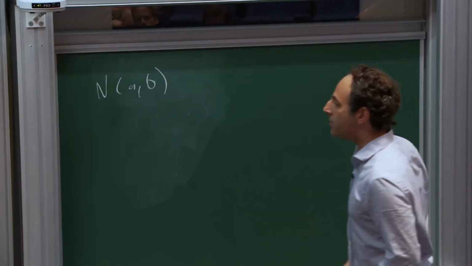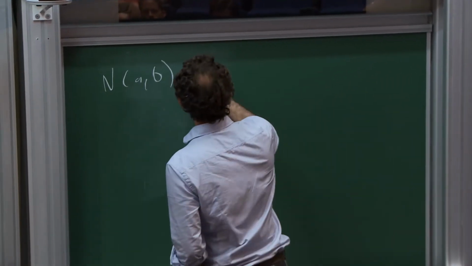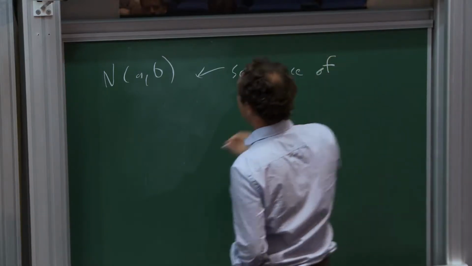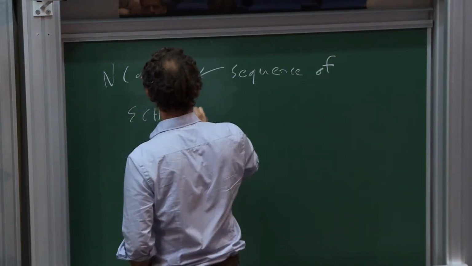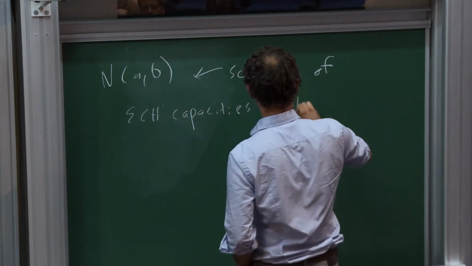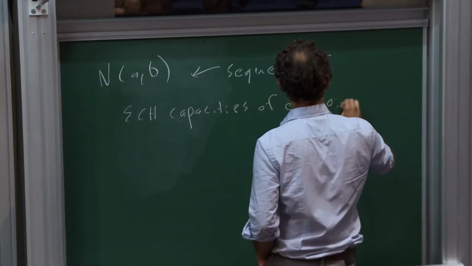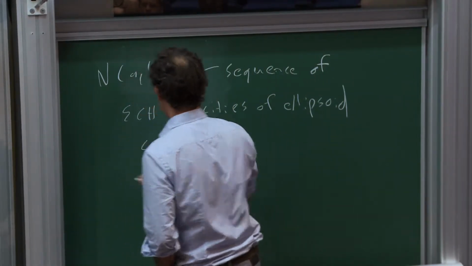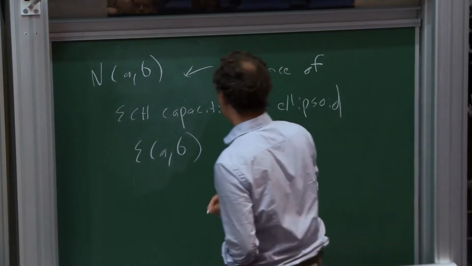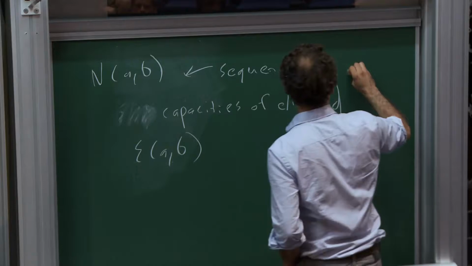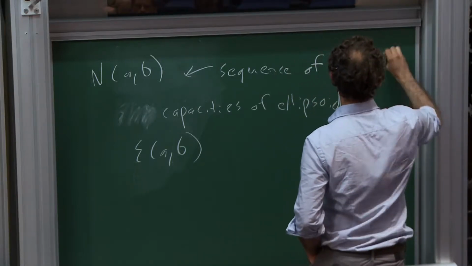It has an interpretation for us that will be relevant. This is the sequence of ECH capacities of the ellipsoid E(a,b). Here I'm going to call this embedded contact homology capacities. I'll spell it out for you.